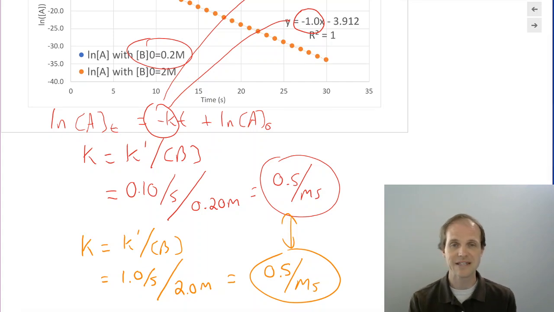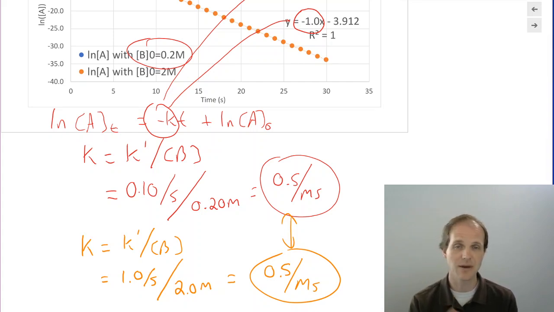So when we've got reactions where there's multiple reactants, there's multiple things in our rate law, what we have to set up is experiments where we can get the pseudo-rate constant. So we set one concentration to be significantly lower than the other concentrations, so that as that A reacts, B is staying relatively constant.